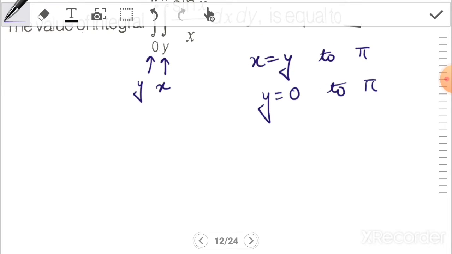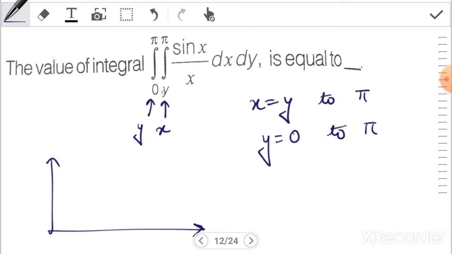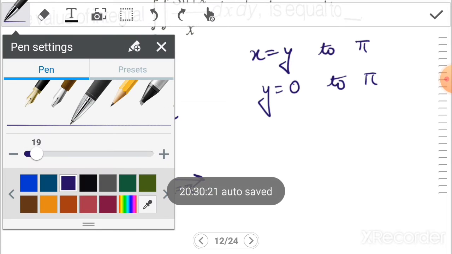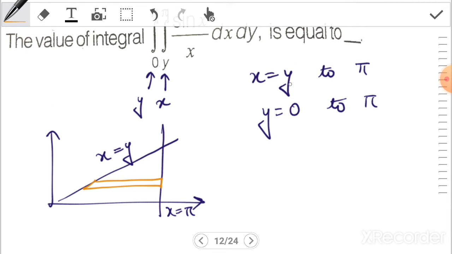So this is nothing but a horizontal strip where y is constant. So x is equal to y is this line, and x is equal to pi is this line. Here they considered a horizontal strip, so x is varying from y to pi and y is varying from 0 to pi.